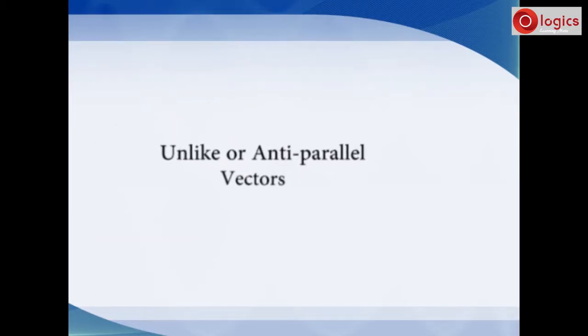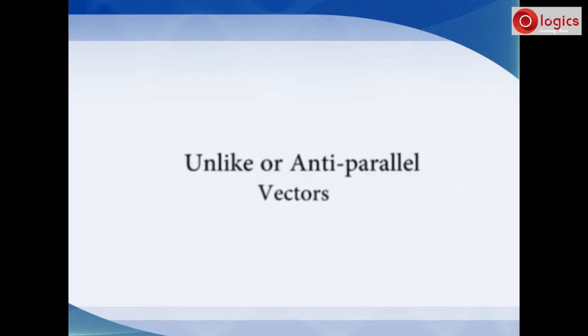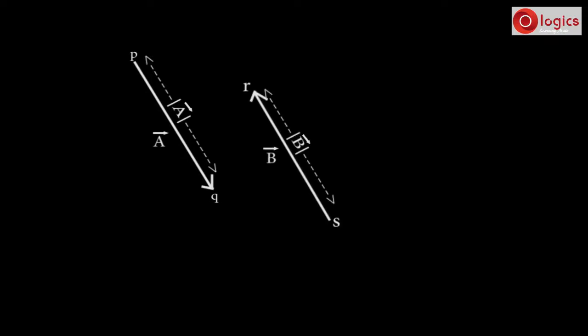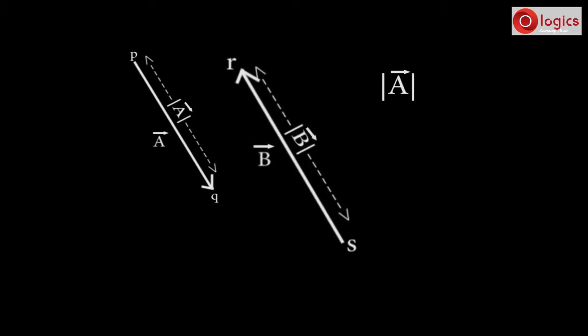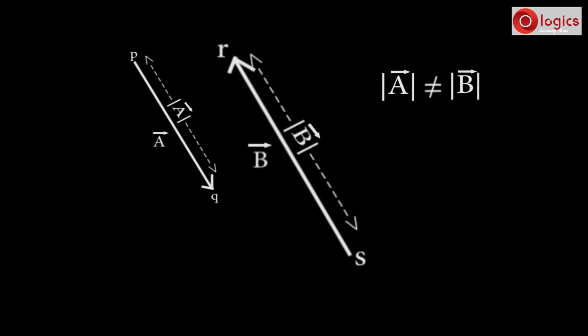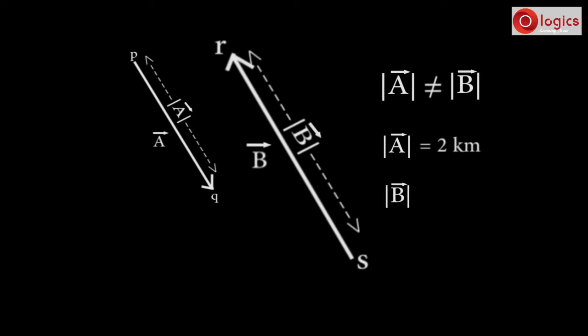Now, let us see what is unlike vectors. Let A bar and B bar are two vectors in opposite direction to each other. Let magnitude of A bar and magnitude of B bar are not same. That is, modulus of A bar equals to 2 kilometers but modulus of B bar equals to 3 kilometers.